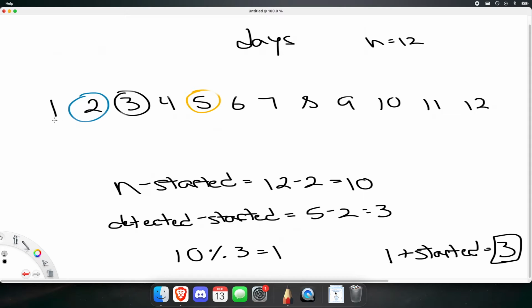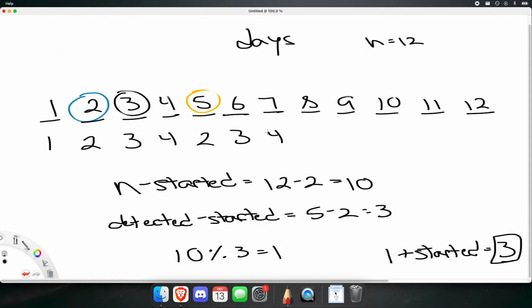So let's go through this. We see 1, we see 2, we see 3, we see 4, we see 2 again. This is basically 3, this is 4, 2, 3, 4, 2, and then 3. And that is in fact the correct answer. Because if this cycle is repeating, we would have something like this: 2, 3, 4, 2, 3, 4, 2, 3, 4, 2, 3.